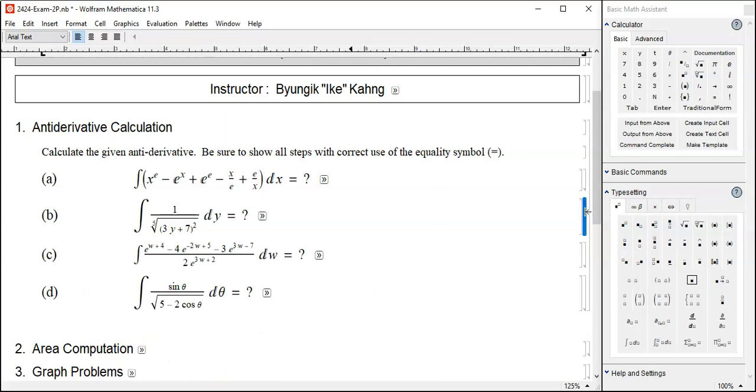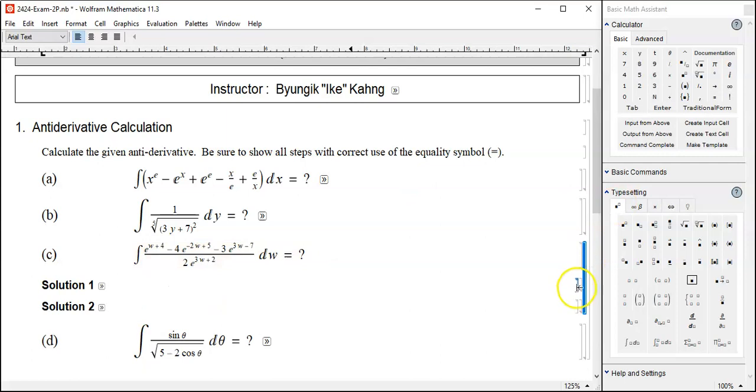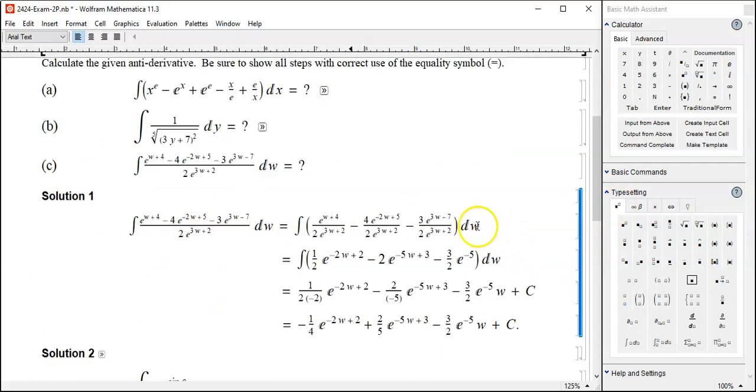Okay, here's the next problem. We have a bunch of exponentials. How do we handle it? Well, as we discussed previously here, there's no such thing as quotient rule in antiderivative computation. So somehow you'll have to express all those into simple power form or simple exponential form. How do we do that? Well, here's one way to handle it.